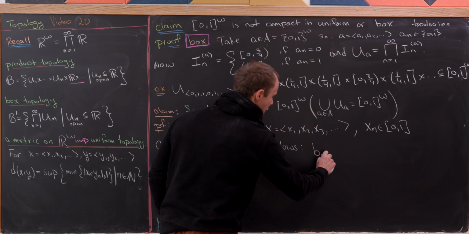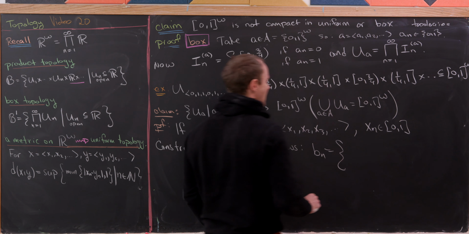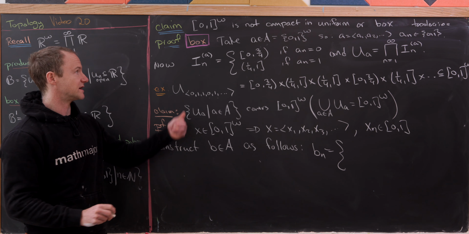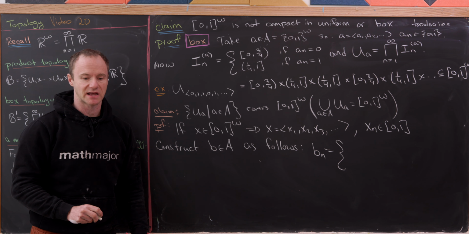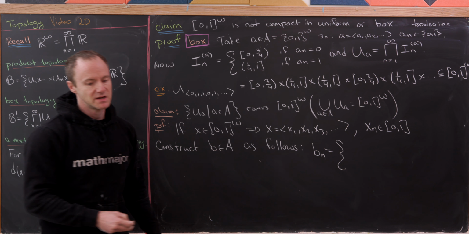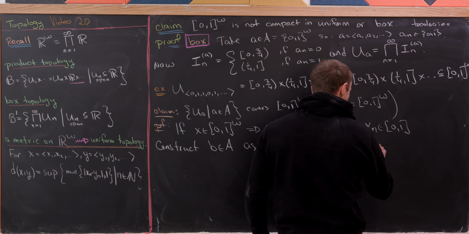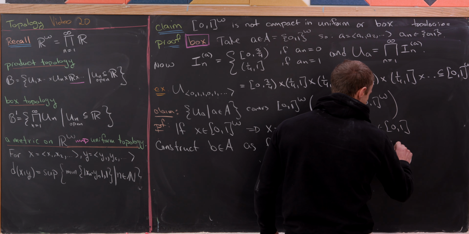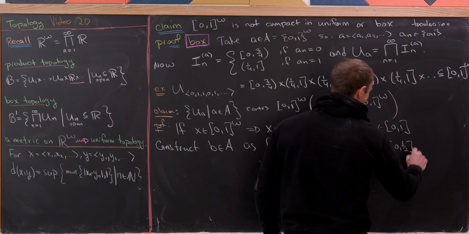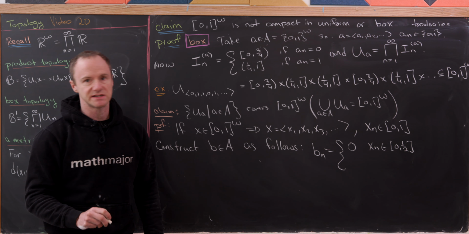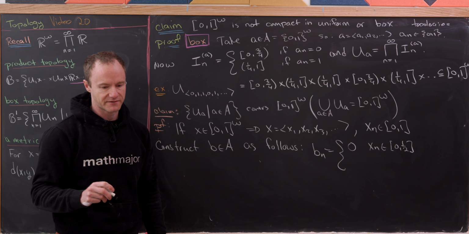So b sub n is going to be either 0 or 1. Remember, because A, capital A, is the set of all binary sequences. It's going to be 0 if x_n is inside of the interval from 0 to a half, including 0 and including 1/2.